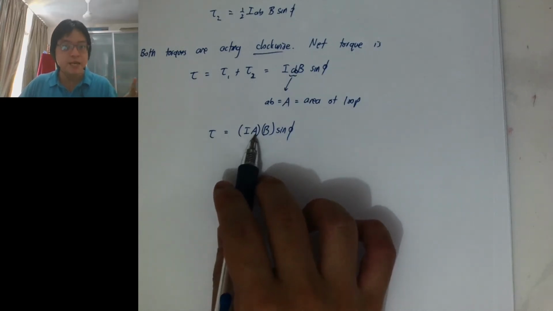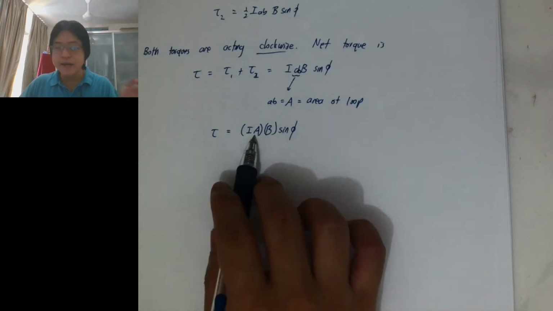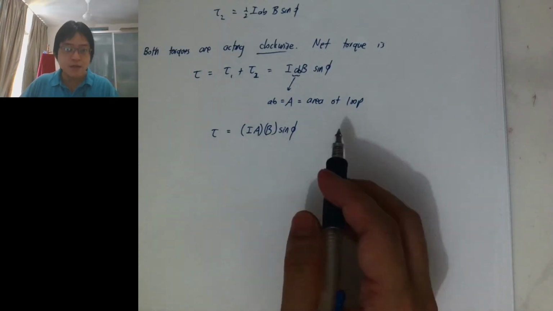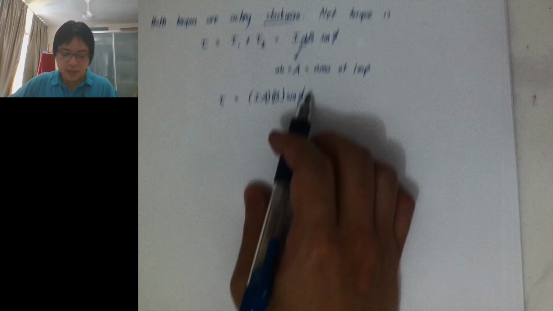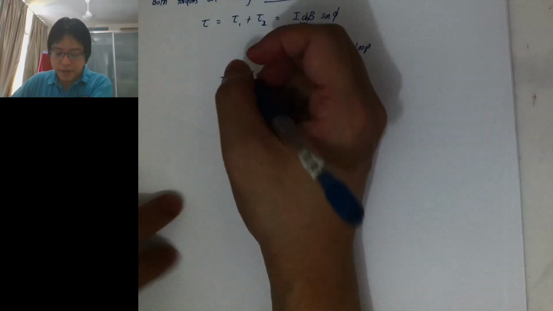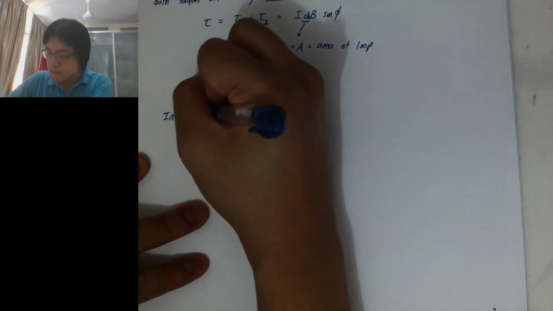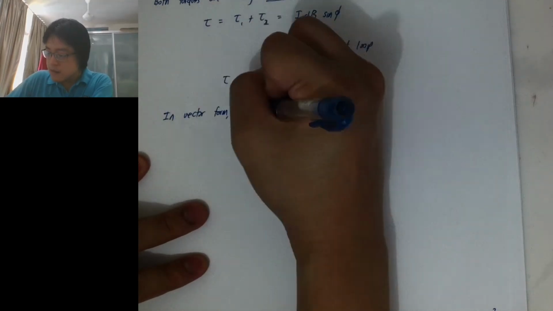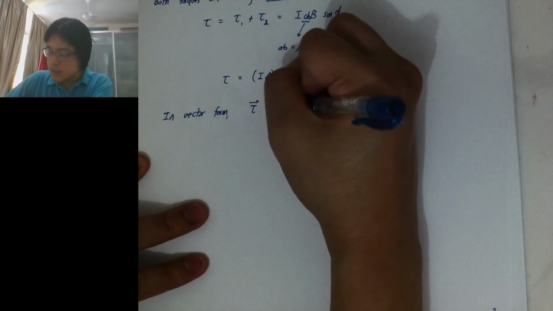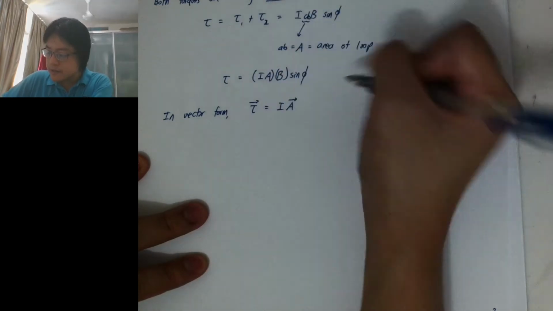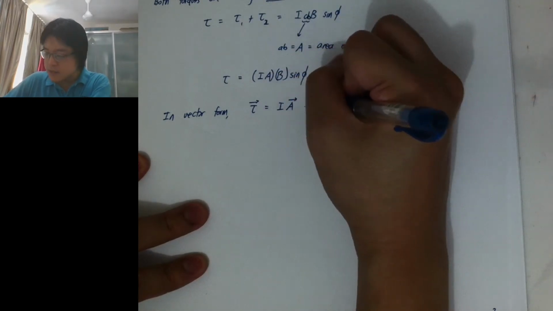I can make it an area vector. And if I have two vectors and find a cross product, it seems to be this formula. So what we have here is I can express in vector form the torque on the current loop as I A, the area vector, and then cross B.